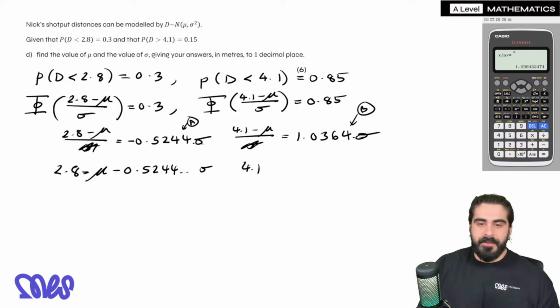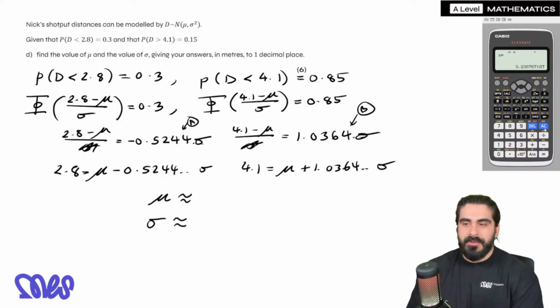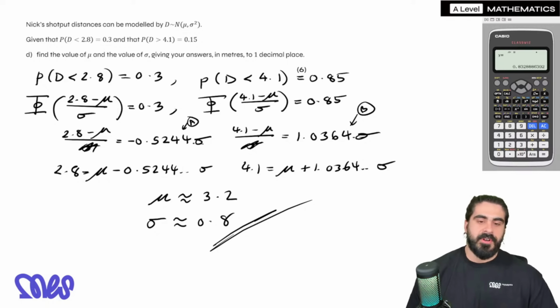And here 4.1 is mu plus 1.0364... sigma. There's no way of them telling you that you're not going to use the calculator here. You could easily just add them up and do whatever all in the calculator. So mu is 3.2 and sigma is 0.8. There you go. There's our answers.